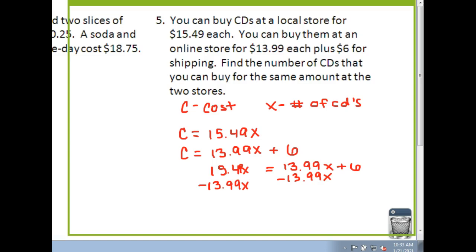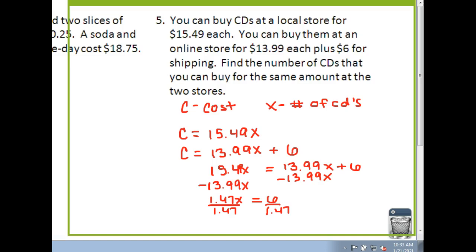And then we're going to have to divide. So we get $1.50x equals 6.